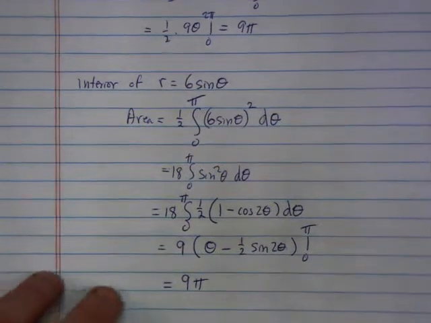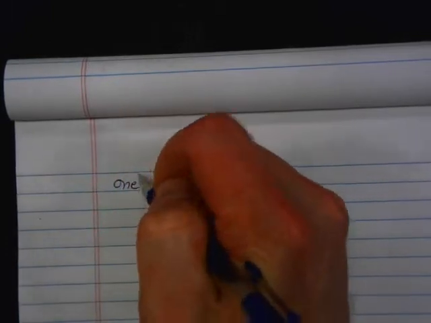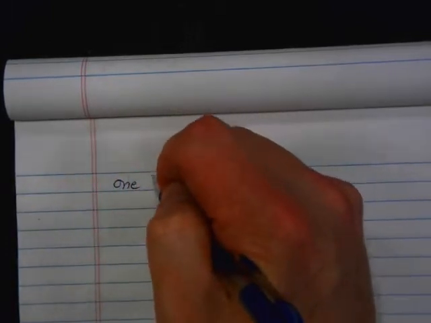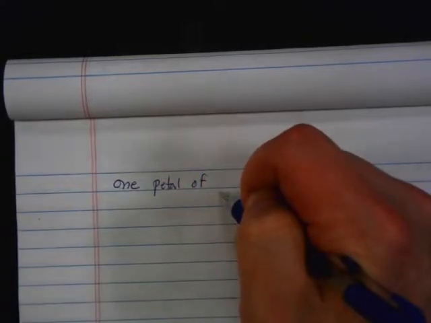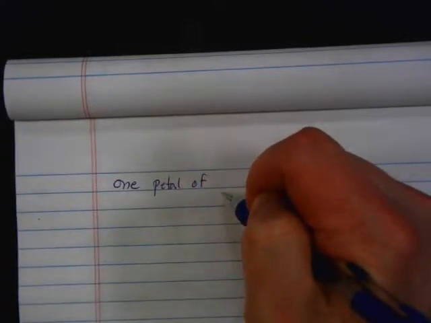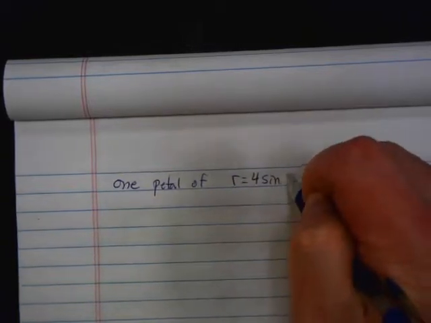All right, let's try one that's not a circle. How about one petal of r equals 4 sine of 3 theta.